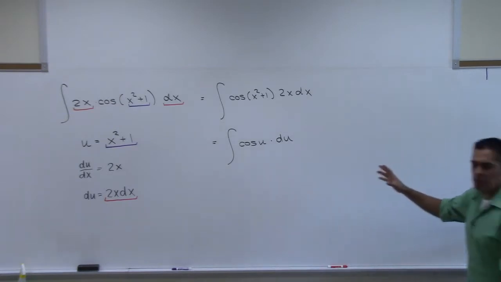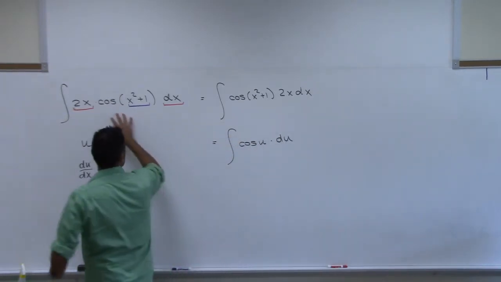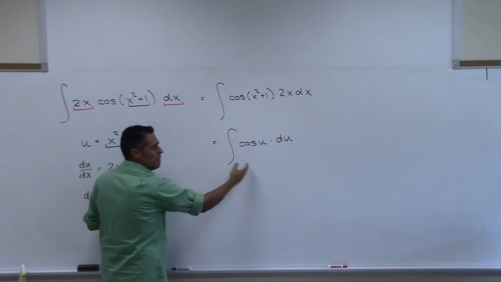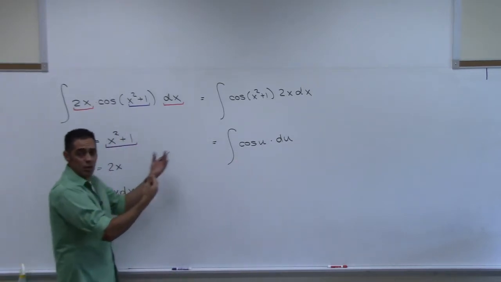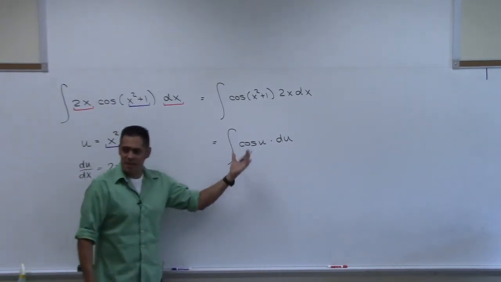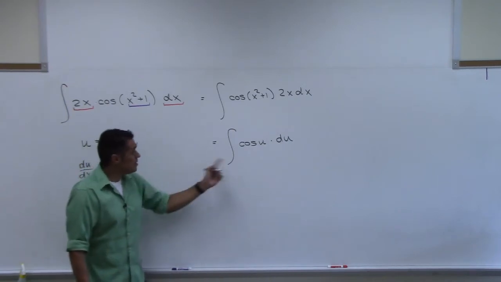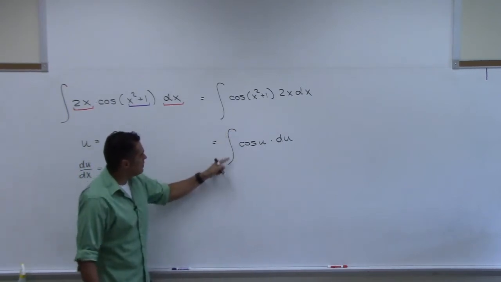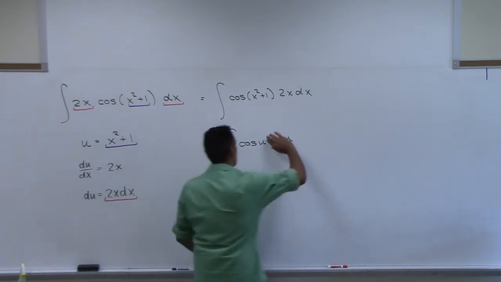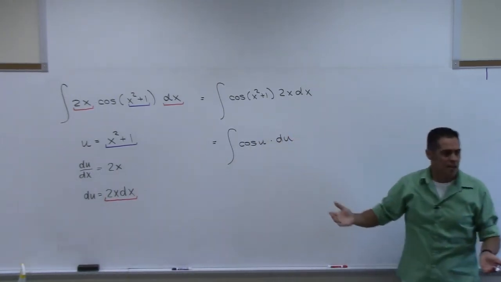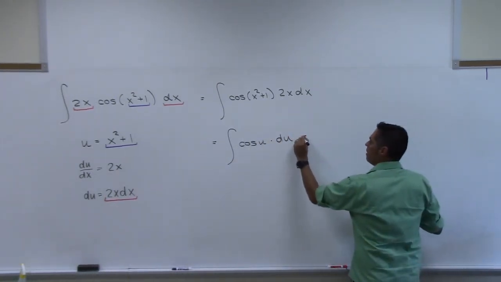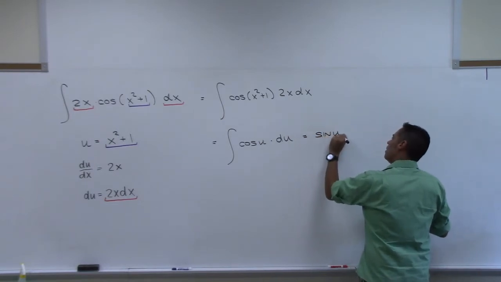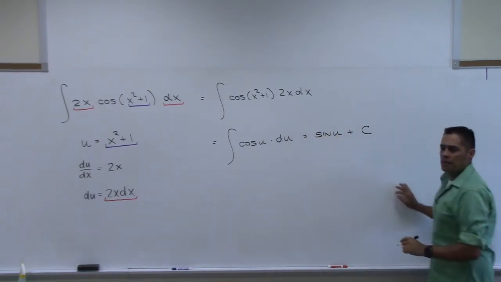So what we've done is we transformed this problem into this problem. By making a substitution, we have a new integral that I think is easier for us to do, because this is telling you to find the antiderivative of cosine of u, and we said that was sine u. So this should just be sine u plus a constant.